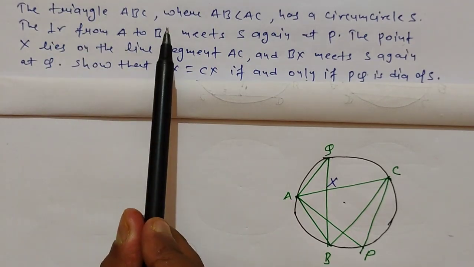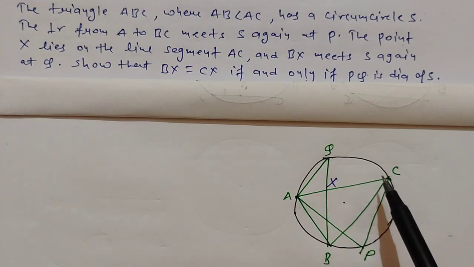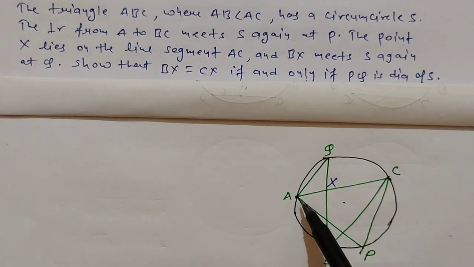The triangle ABC, where AB is less than AC, has the circumcircle S. The perpendicular from A to BC meets the circle again at point P here. This is the meeting point, and the point X lies on the line segment AC.